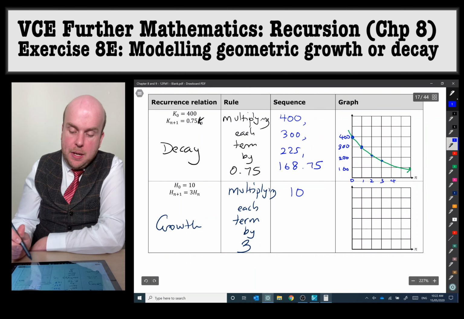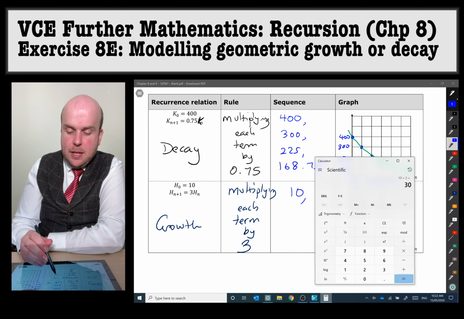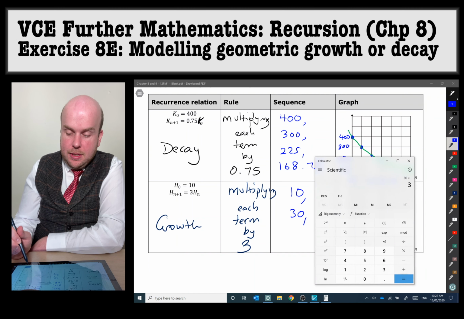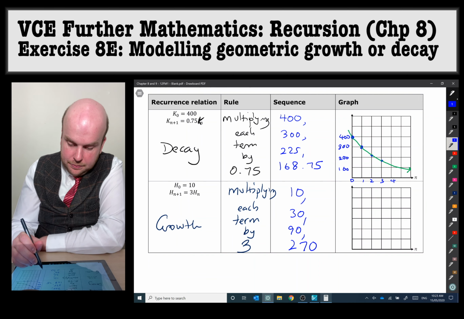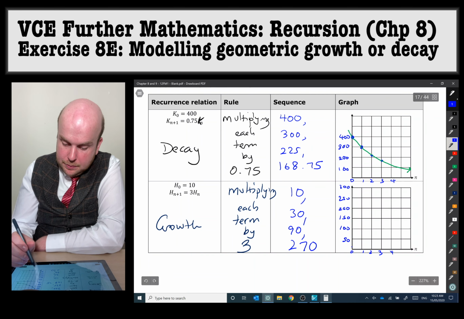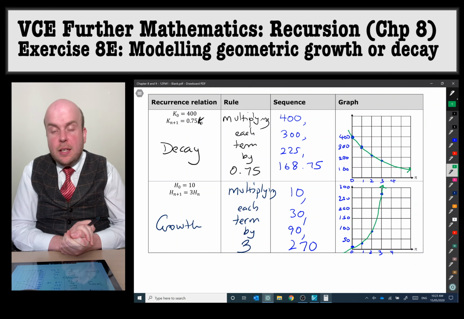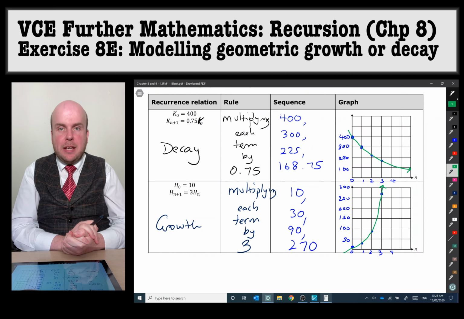The second one will be, of course, 10 times 3, which is 30, times another 3 again, that'll get me 90, times another 3 again, and that'll get me 270. So now we need to plot it. And if we follow those dots, you can see there I've made a curve. It is going in a very much non-straight line pattern.